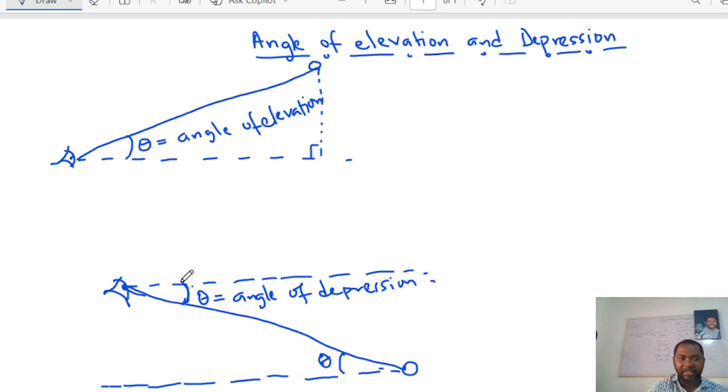Where this is theta, you should also know that this is theta in case you're asked to find height or something. And angle of depression also gives rise to a right angle triangle. So we are going to be using a lot of SOHCAHTOA or Pythagoras theorem. So now let's go ahead to see questions on angle of elevation and depression.